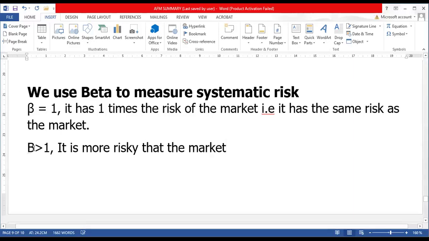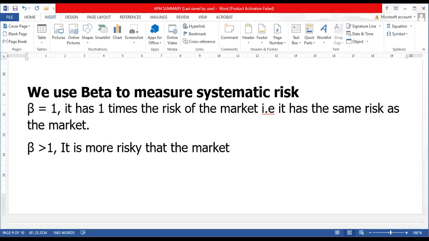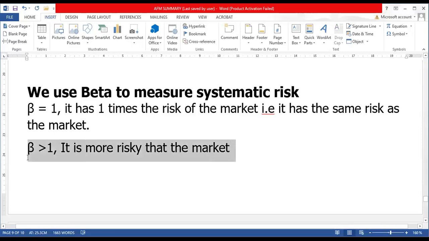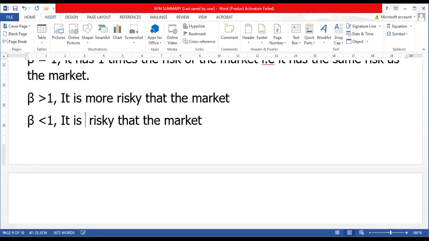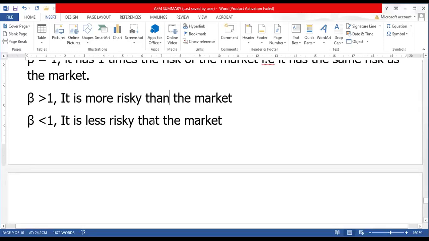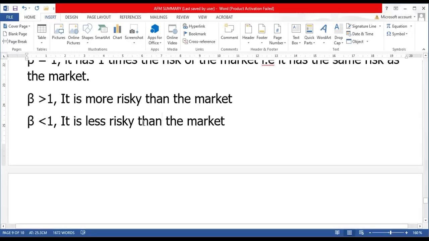If you find that your beta is greater than 1, that shows that the portfolio is more risky compared to what? Compared to the market. Okay, then next, in a scenario where beta is less than 1, what does this mean? It will mean that it is less risky. Less risky than what? Than the market.